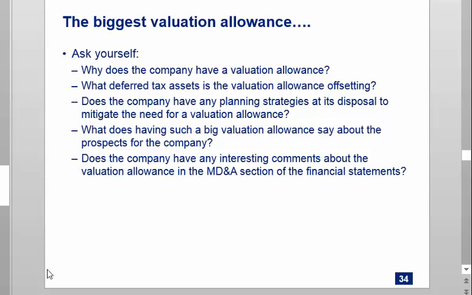Because some assets require certain types of income, like capital losses require capital gains, state credits require state income, like a foreign NOL would require the right income in the right country, right? You can have deferred tax assets for big profitable companies because of nuanced, unique facts, right?